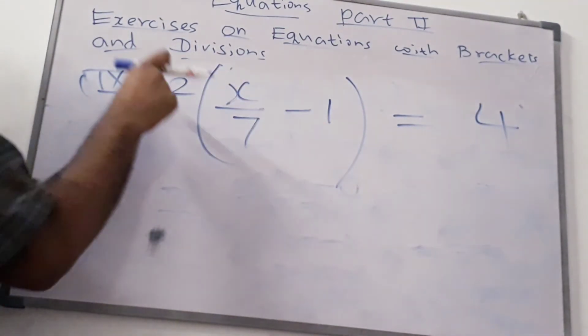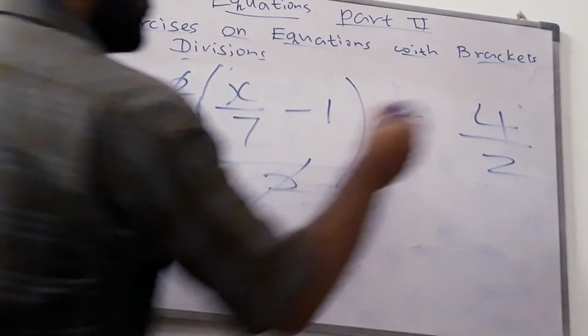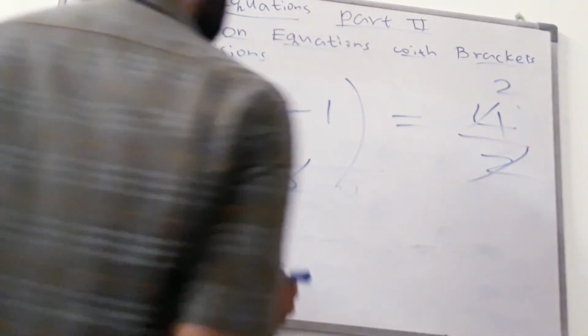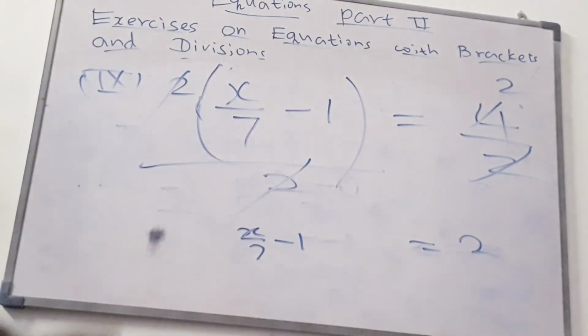Why? Because we can easily remove 2 here, which is outside. The right hand side is also a multiple of this 2. So divide by 2, divide by 2, 2 and 2 get cancelled. 4 divided by 2 is 2. So x over 7 minus 1 equals 2.